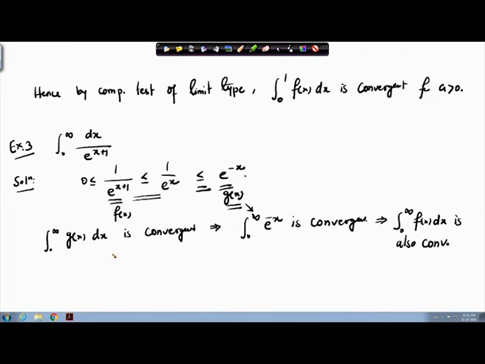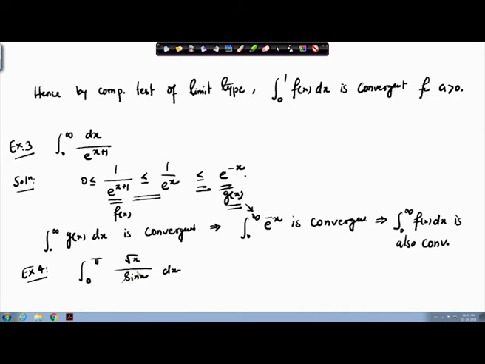I can also give you examples where we have a limit to evaluate very quickly. Let us say we have an integral example of this type: integral from 0 to pi of root x by sin x dx.